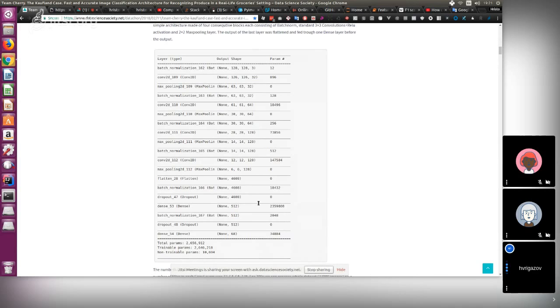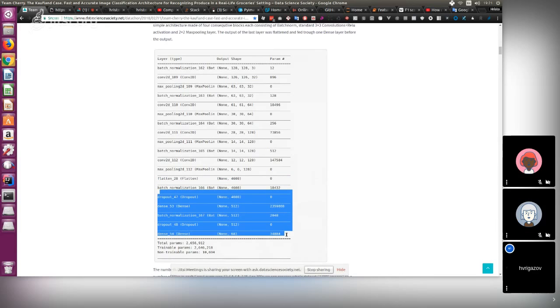I would like to mention here that this flatten layer is actually where the feature extraction is finished, and from here we have the classifier. Since the layers that follow after the feature extraction part are fully connected, adding a layer here grows a lot the number of parameters.